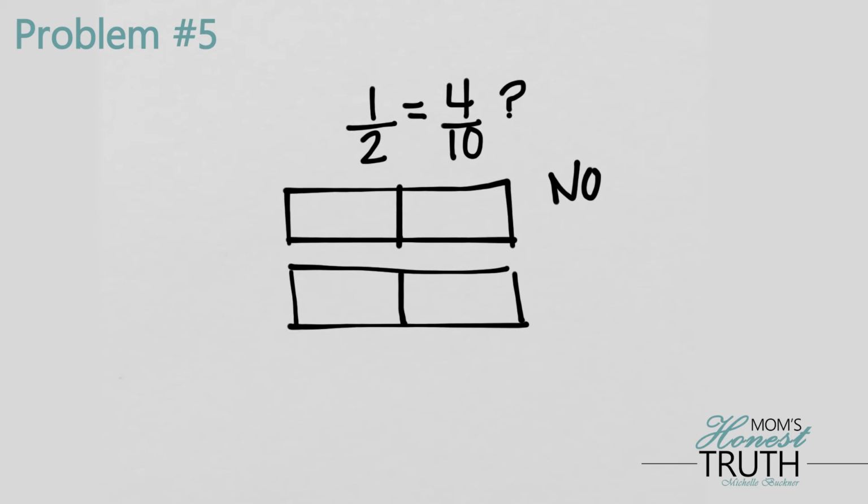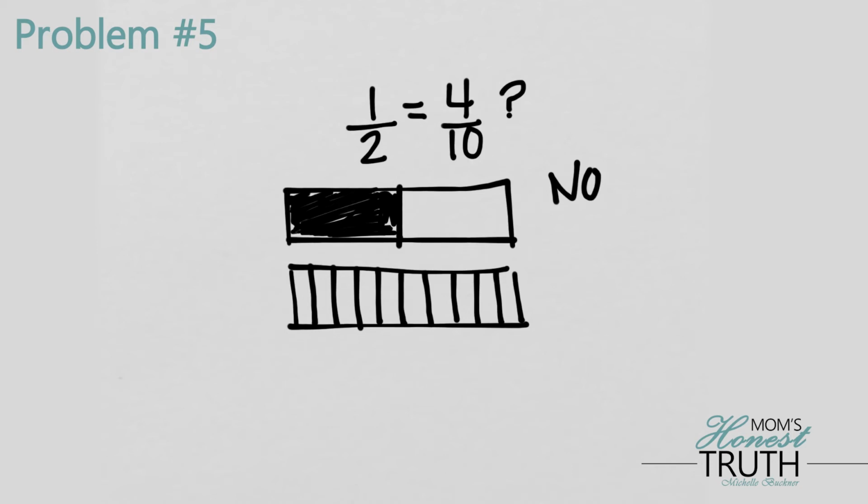At the top we have 1/2. We'll color in one piece or one part. And in the bottom diagram we're going to need to break this up into 10 parts total. 1, 2, 3, 4, 5. 1, 2, 3, 4, 5.